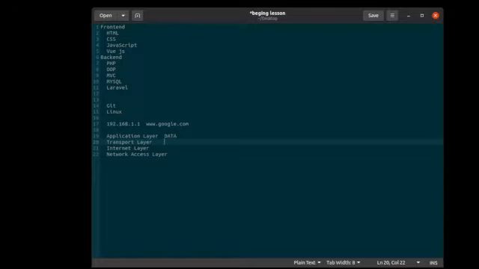The transport layer here stands for TCP. TCP is a more firm way of transferring data, because there are 2 types of transport layer protocols, TCP and the other one is UDP. So what is the difference between them?